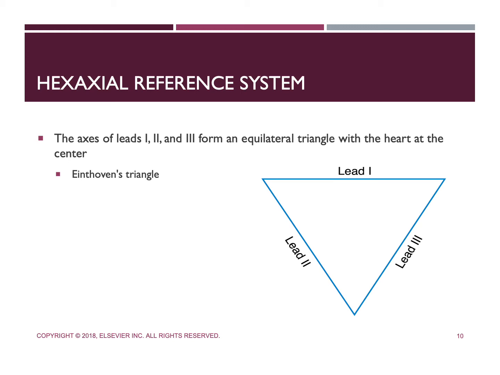Einthoven's law states that the sum of the electrical currents recorded in leads 1 and 3 equals the sum of the electrical current recorded in lead 2. So this can be expressed as lead 1 plus lead 3 equals lead 2.